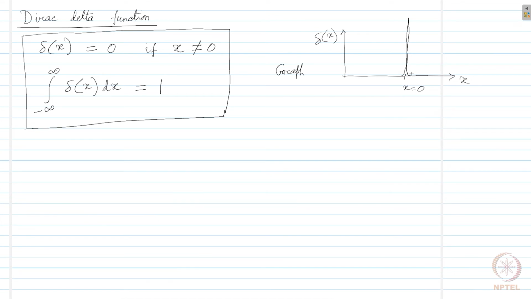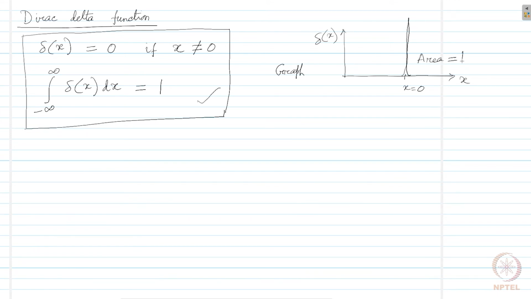The function would look something like this graphically, although this is not a true representation. The true representation is the definition. What we have drawn on the right hand side is just a naive way of understanding this, nothing else. So, we must have the area under this curve equal to 1.